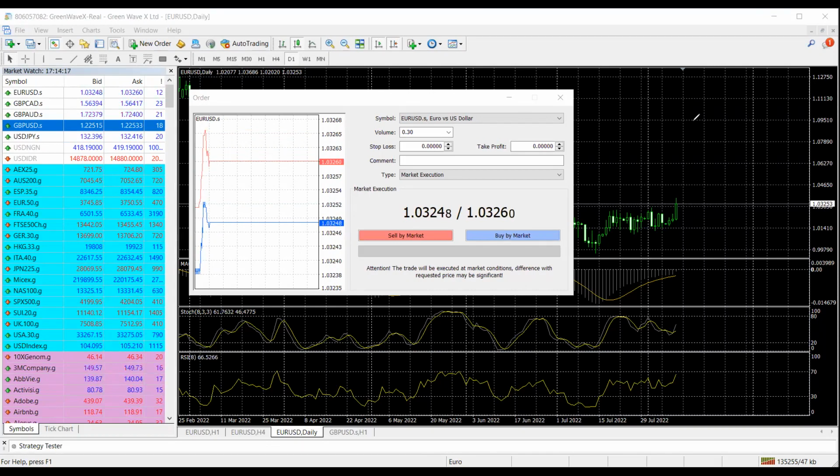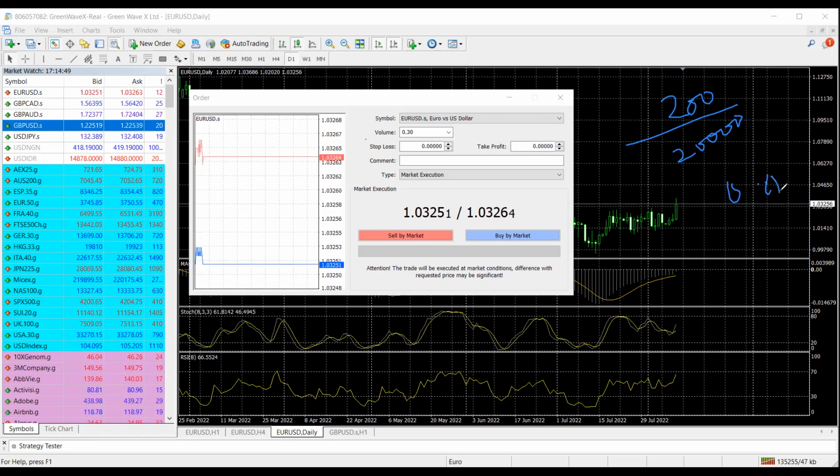The general formula I give is whatever your money is, let's say your money is $200, divided by 20,000. That's the lot size I usually advise people to use. So that's 0.01.